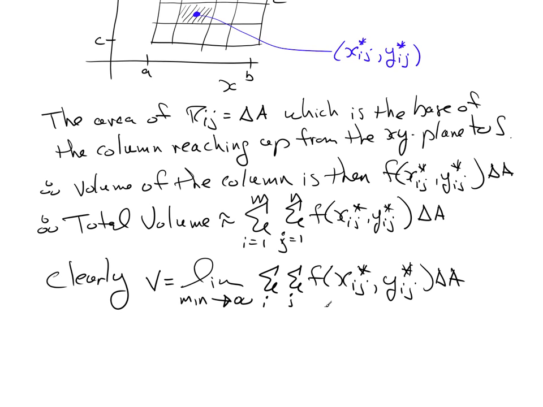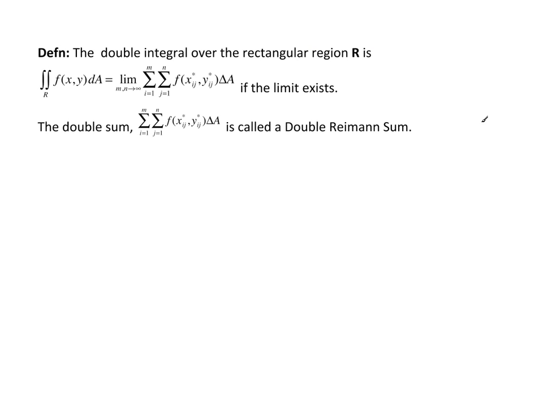So this will then lead us to the definition of a double integral. The double integral over the rectangular region R of the function, the surface, f of x, y, dA, is equal to the limit, as m and n go to infinity, of the sum i equals 1 to m, j equals 1 to n of f of xij, yij delta A, of course, if the limit exists.